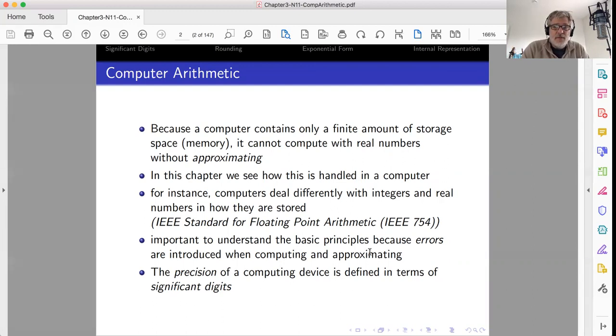The first thing to keep in mind, and we'll see that a little later, is that computers deal very differently with integers and real numbers, and how they are stored in memory. We're going to see this in the next class.